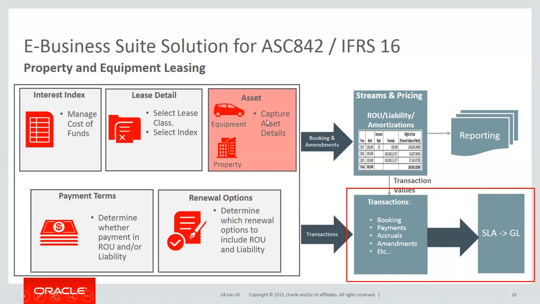You don't need so many details to track your asset, but this functionality has been enhanced for the equipment lessee accounting module, where you will also capture some more items like serial numbers, and which item of your inventory is being used to create the asset for you. When I say asset, it's not the physical asset, it is the right of use.